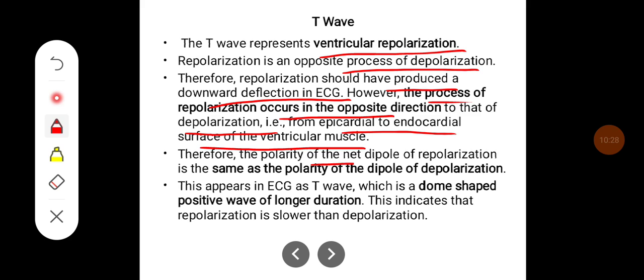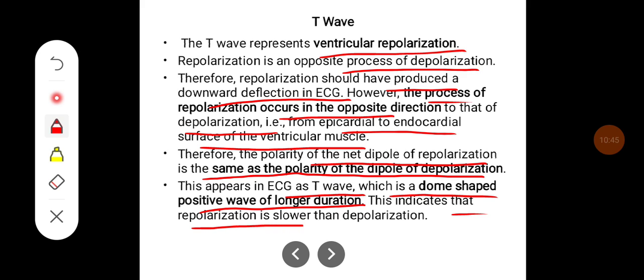Therefore, the polarity of the net dipole of repolarization is the same as the polarity of the dipole of depolarization. This appears in the ECG as a T wave, which is a dome-shaped positive wave of longer duration. This indicates that repolarization is slower than depolarization.